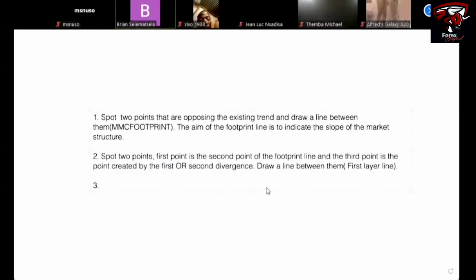Third step, what you'll be doing here is waiting for the market to break the first layer line.